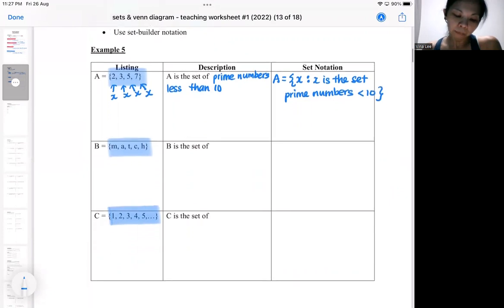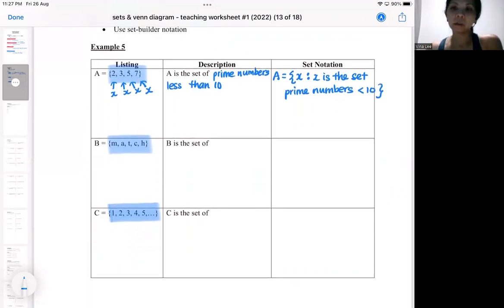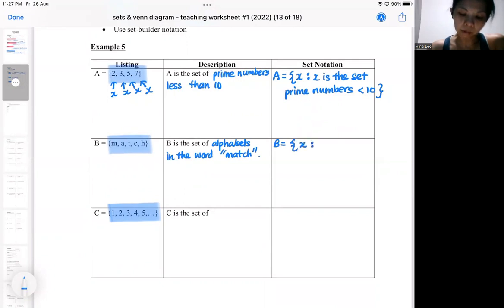So then B, M, A, T, C, H, this is a set of alphabets in the word match. So if I put it in set notation, it will be x colon.